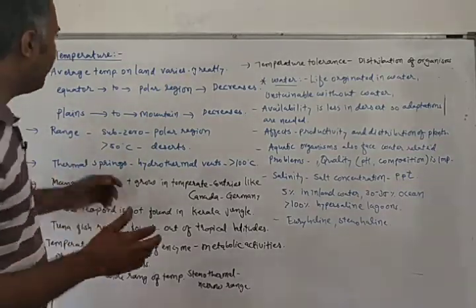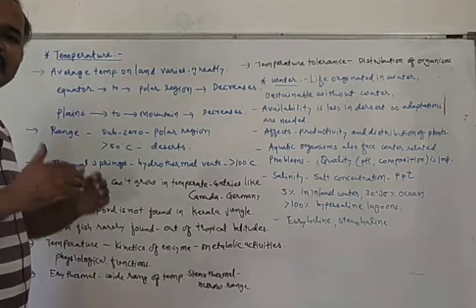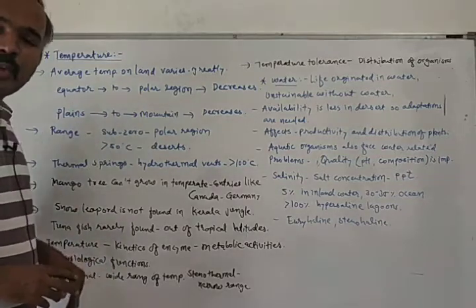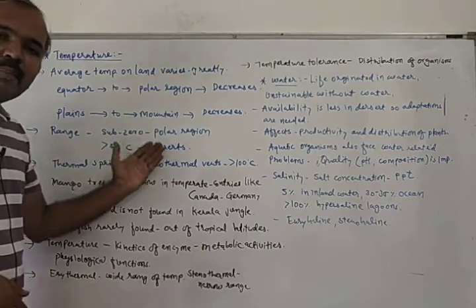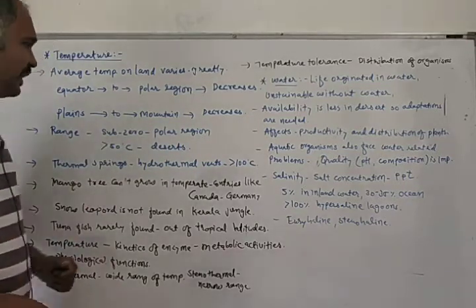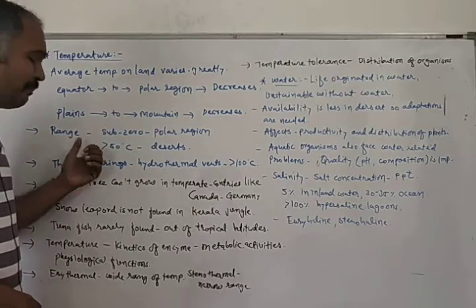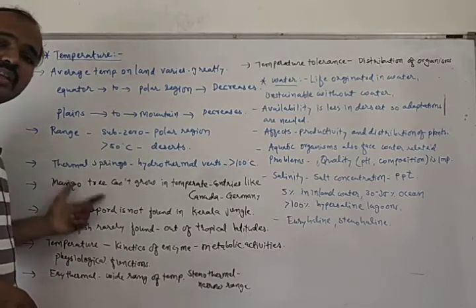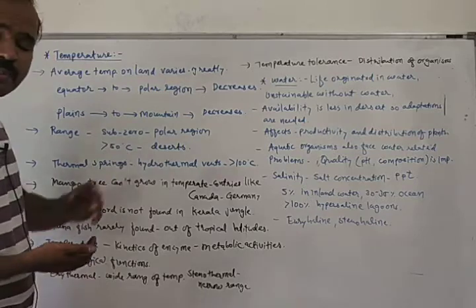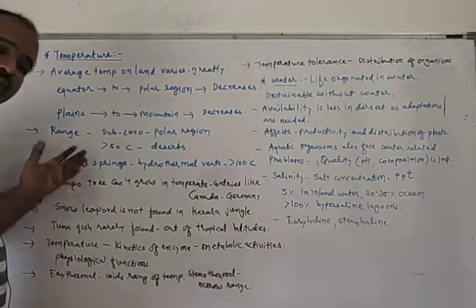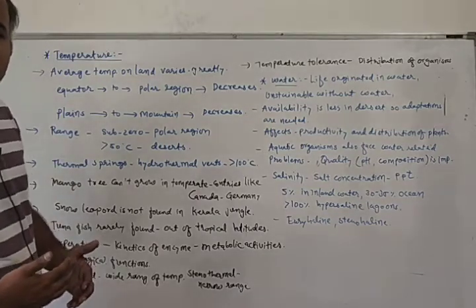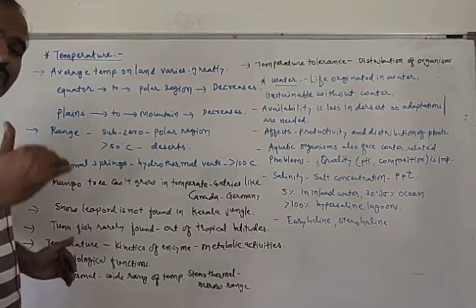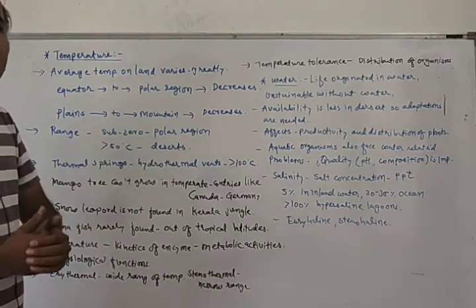Let's revise temperature again. Average temperature on land varies greatly. As we move from the equator to the polar region, and from plains to mountains, temperature decreases. Ranges are sub-zero in the polar region, more than 50 degrees Celsius in the desert, and up to 100 degrees Celsius in thermal springs and hydrothermal vents. A mango tree can't grow in Canada and Germany, a snow leopard is not found in Karnataka jungles, and tuna fish is rarely caught outside the tropical latitudes.